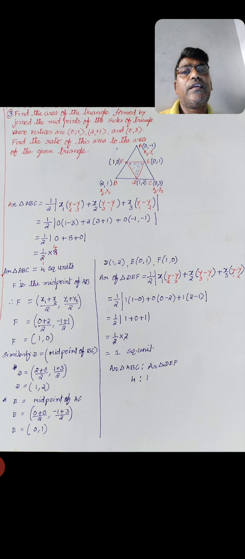What is the question here? You are to find the ratio of the bigger triangle to the triangle formed by the midpoints. The triangle made by the midpoints is 1 square unit, the bigger triangle is 4 square units. So area of triangle ABC to area of triangle DEF is 4:1.